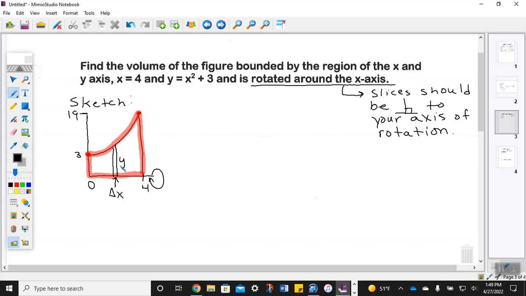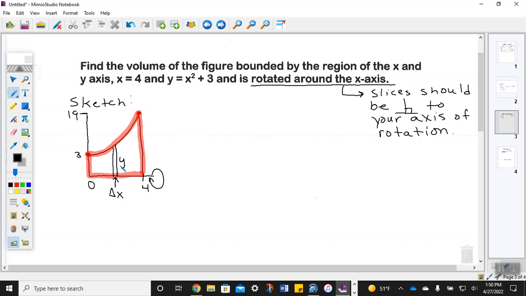You know what? I have these burrs. I start spinning these around the x-axis. Can you kind of visualize these pieces getting larger as I move left to right? These are going to be little, what shape is this? Little cylinders then, right?